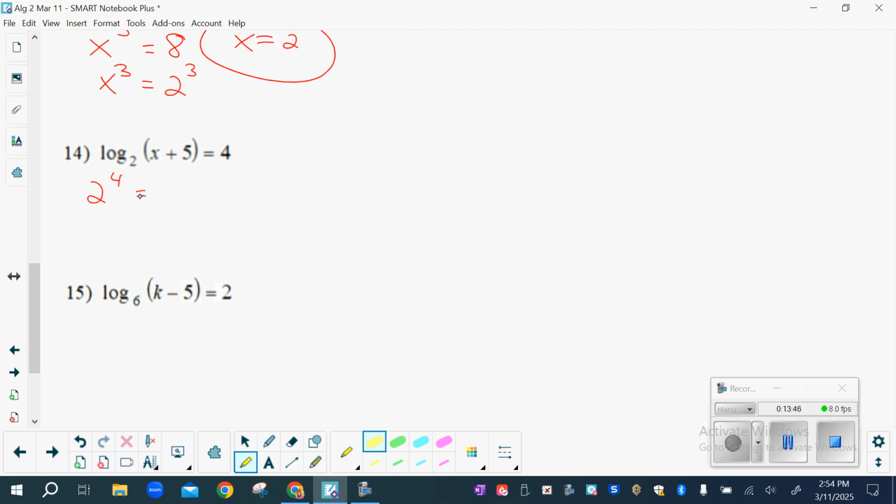And what's it equal to? Equals x plus 5. So now we simplify that 2 to the 4th. What is 2 to the 4th? 16 equals x plus 5. So not too bad, huh? Yeah, what's the next step? Minus 5. Then x is 11.